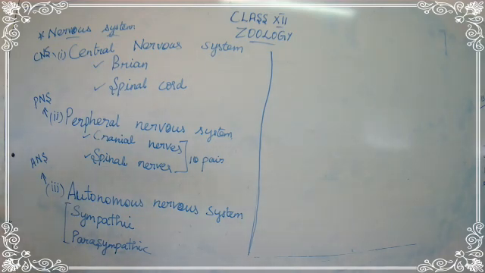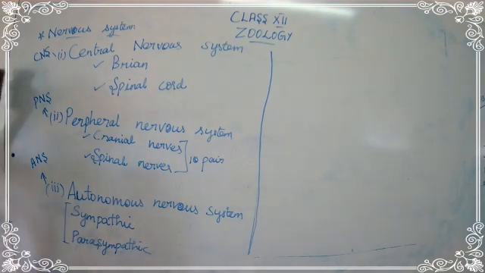Then the brain is also divided. Now, only take the brain. Okay. So what are the divisions of the central nervous system? Brain and spinal cord. And what are the divisions of the peripheral nervous system?